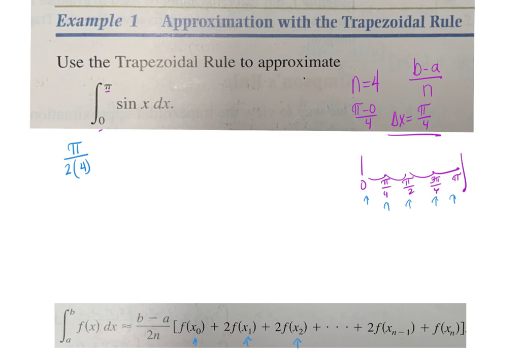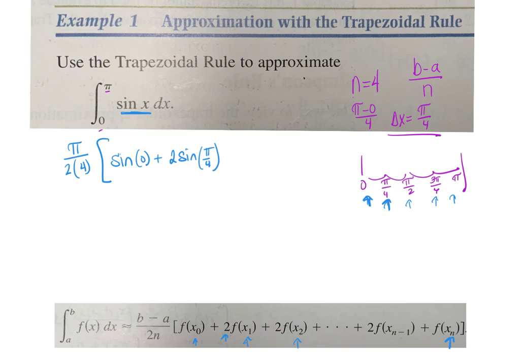Then we're going to plug it into this function. So we're going to say sine of our first one, 0, plus, notice we have a coefficient here, 2. 2 times sine of our next one, that's pi over 4. Coefficients are 2 all the way up until the end. So the first and the last one do not have a coefficient. All the middle ones have a 2.